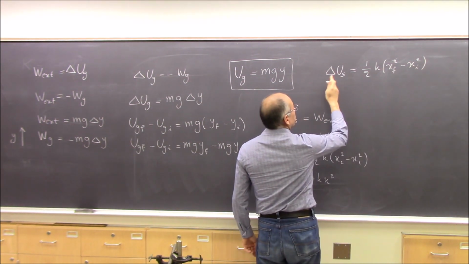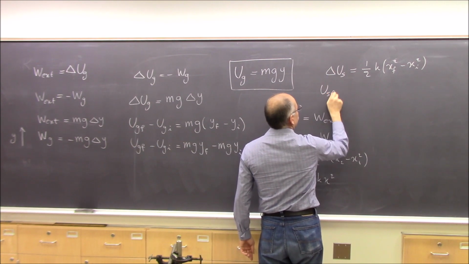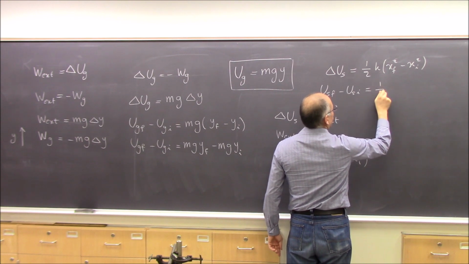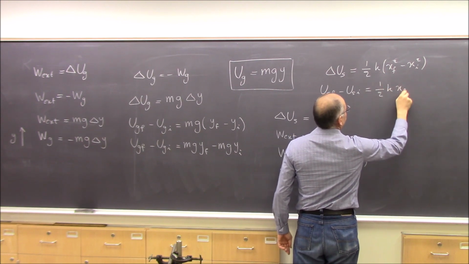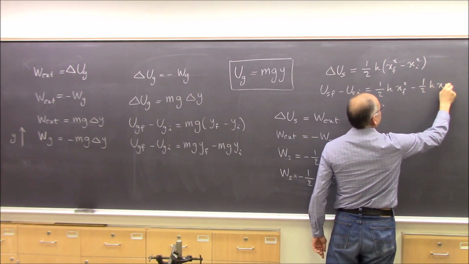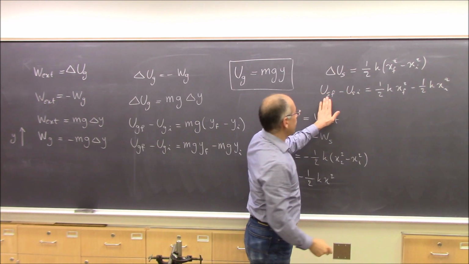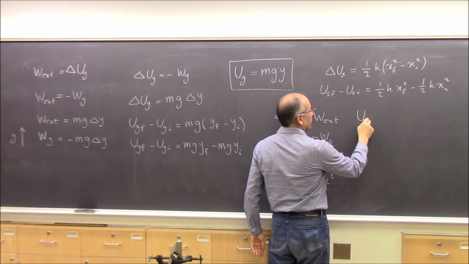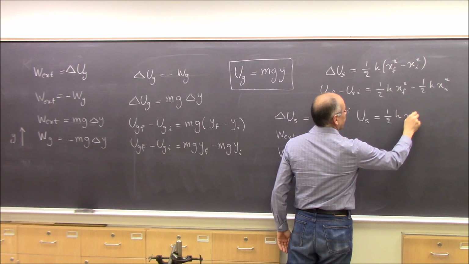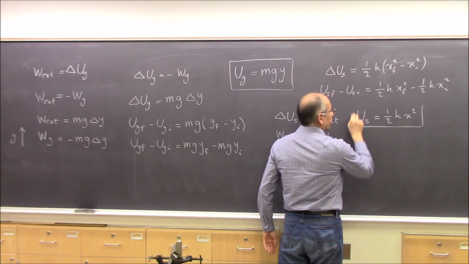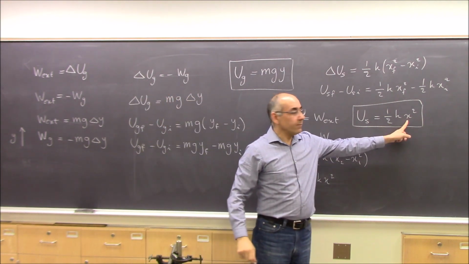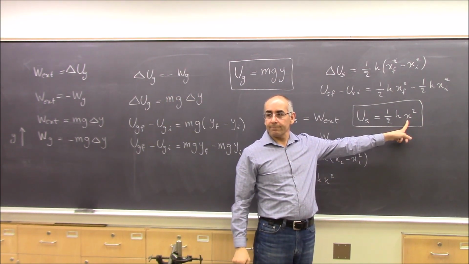And that is U final minus U initial, which can be written as 1/2 k x final squared minus 1/2 k x initial squared. Then you see that in general, the potential energy of a spring is equal to 1/2 k x squared, where x is the distance from the equilibrium point.